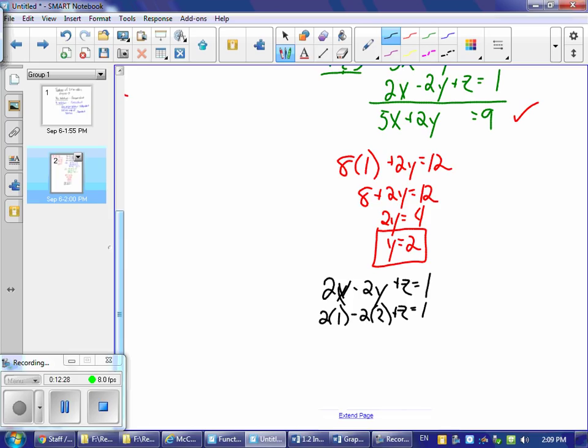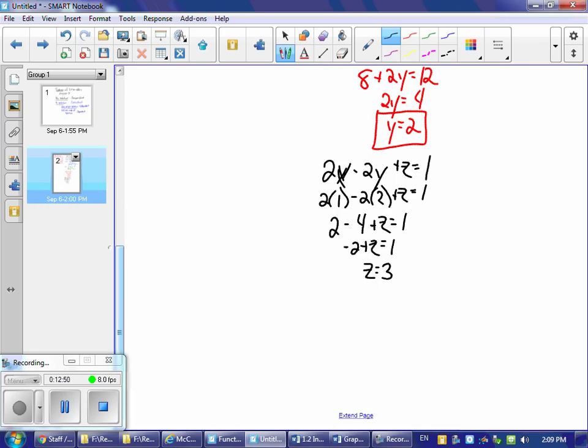We're going to get 2 times 1 is 2, minus 2 times 2 is 4, plus z equals 1. 2 minus 4 is negative 2, plus z equals 1. Adding 2 to both sides, we get that z equals 3. So ultimately, our solution is the ordered triple. x is 1, y is 2, z is 3.